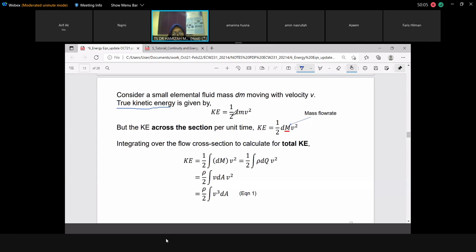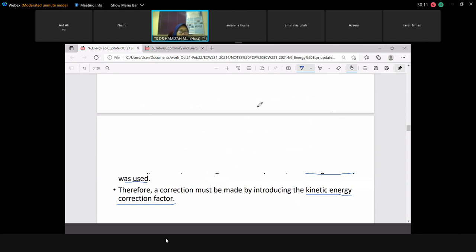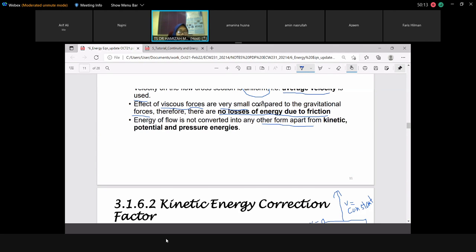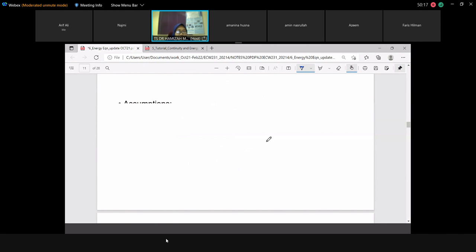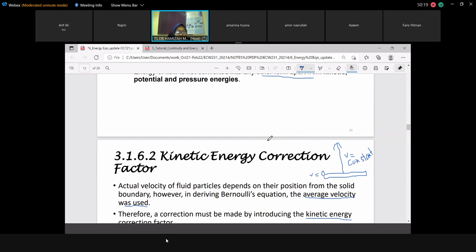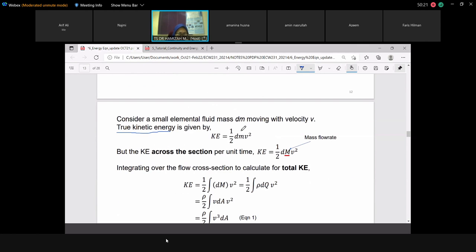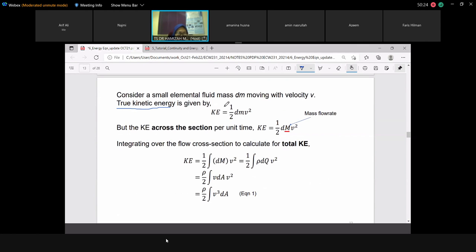Okay, dia ada m. Sebelum ni you learn kinetic punya formula adalah v squared over 2g. So when we need to do a correction, we need to consider the fluid mass. Okay, so we have a mass flow rate. Ingat lagi what is formula for mass flow rate?